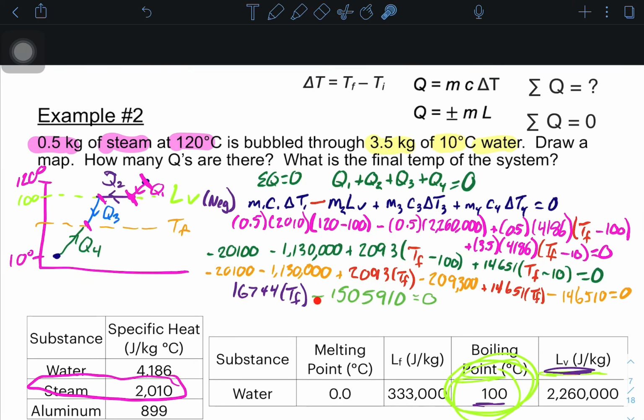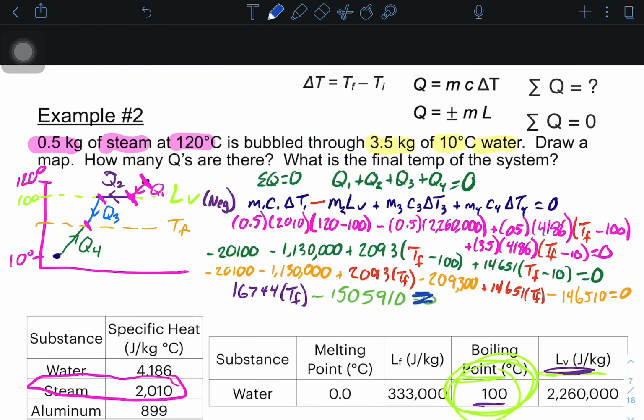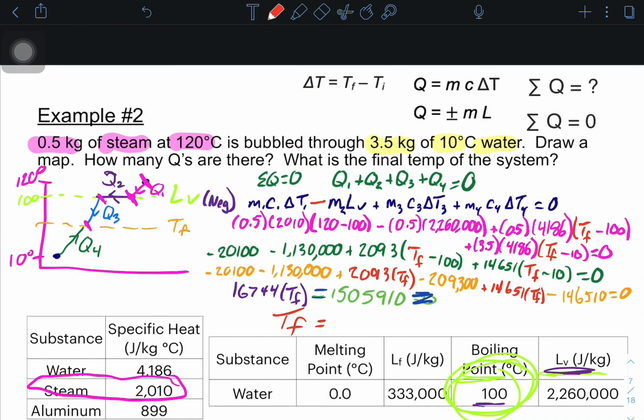So how do we get negative 1,505,900 to the other side? Well, we add it, so then that becomes an equal sign. And then we can go through and we can solve for TF, and we get a final TF of 89.94 degrees Celsius.